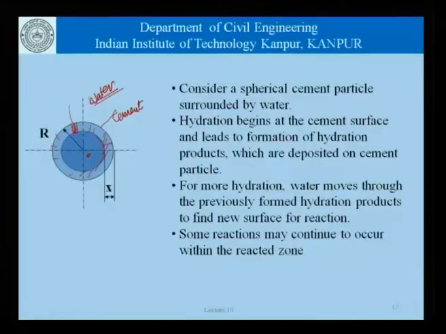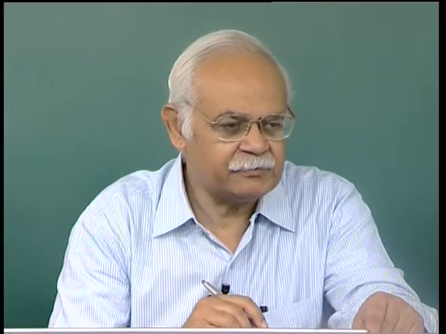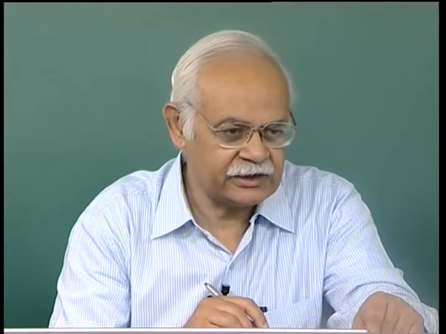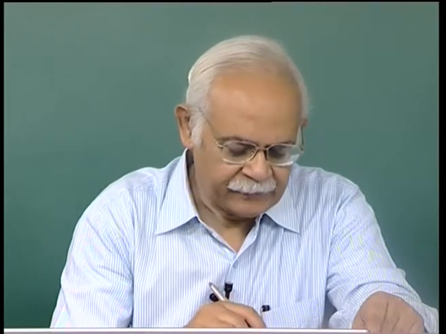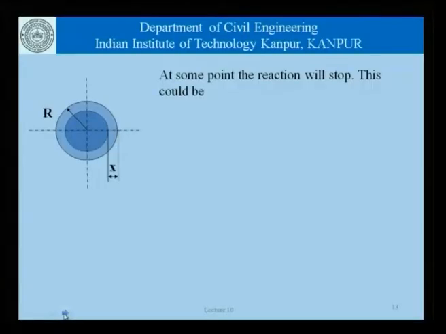So, this discussion, which is a schematic representation or a very highly simplified explanation for the hydration of cement, is relevant because at some point the reaction will stop, that is, hydration stops. Now, this could be on account of exhaustion of water, that is, the water that was available here is finished.